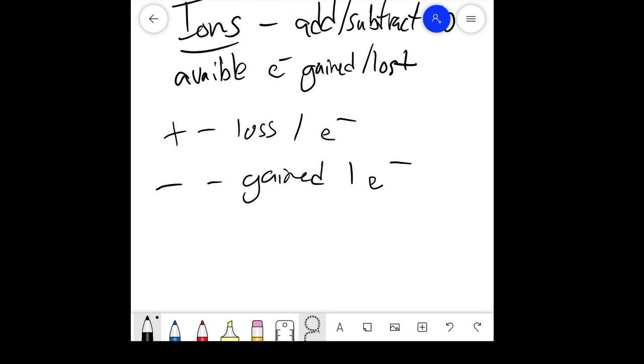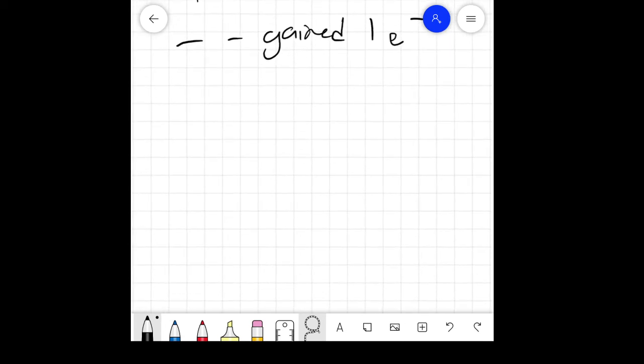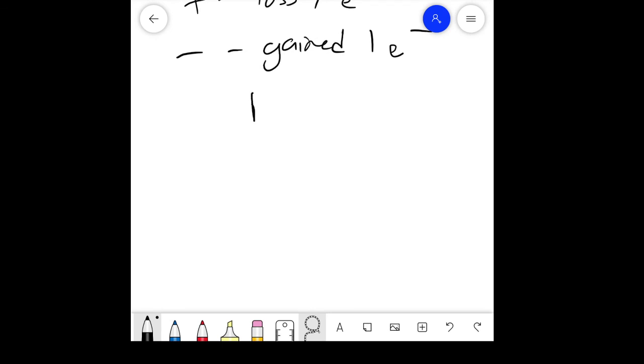You should always be working with even numbers and get an even amount of pairs. And then once you've done that, so say you're doing PO4 3 minus, and you've done all the steps, you've figured out it looks like this.